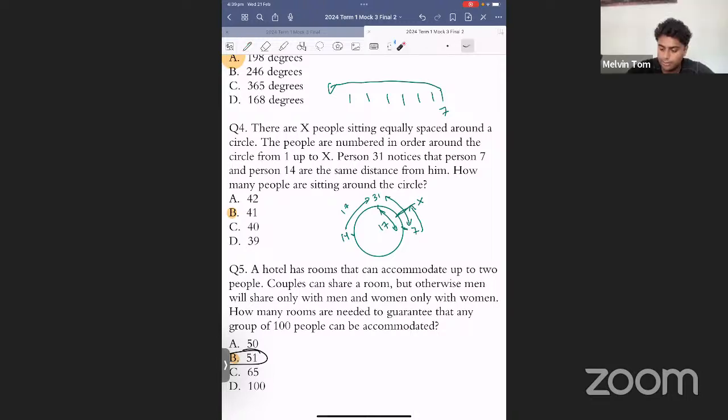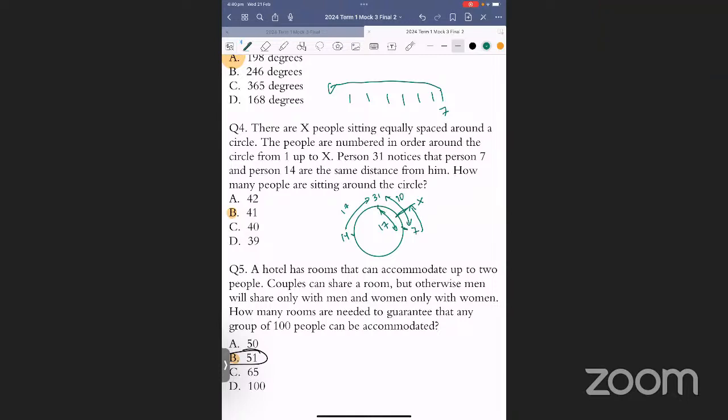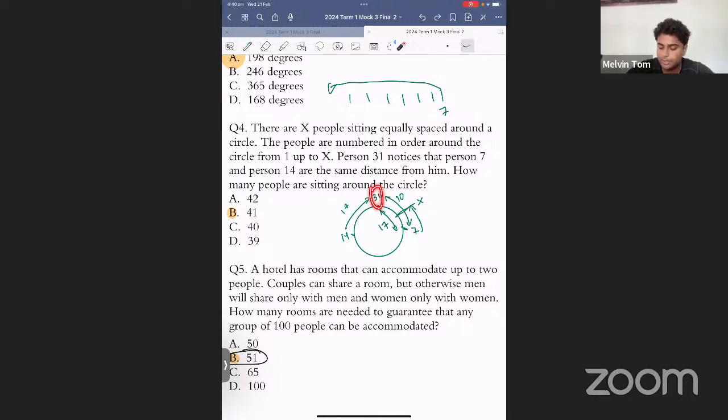Okay. Jal, this total distance is 17. And then this distance is just 7. So this must be 10. Do you understand? Yes. That means from the 31st person to the last person, there's 10 people in between. So the last person is person number 41.